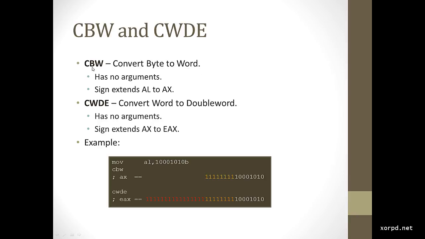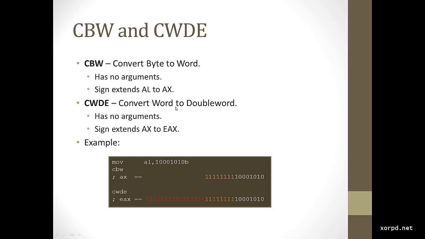CBW has no arguments at all. You just use the instruction like this, no arguments. And it sign extends AL to AX. Another instruction which is pretty similar is called CWDE.